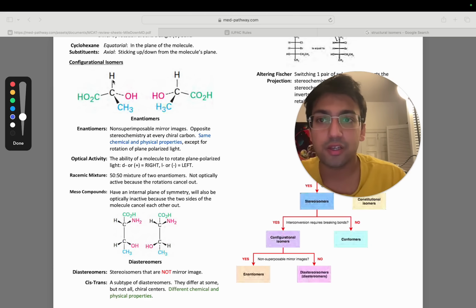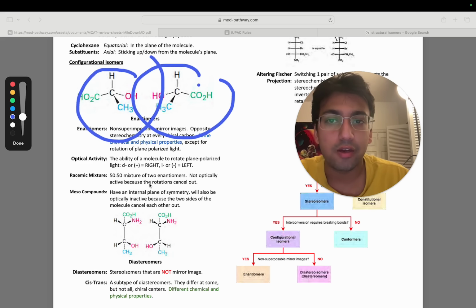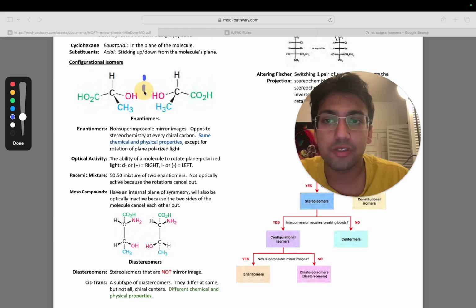Let's keep this hydrogen up top and imagine these substituents rotating this way. If you tried to rotate it around, you would find that it would not look like this. These are actually different because they're mirror images of each other, and this carbon is a chiral center. It has 4 different substituents around it.